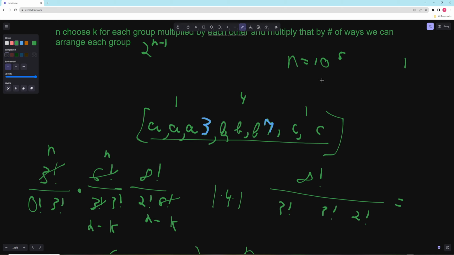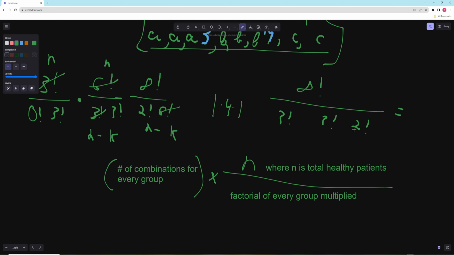So the number of healthy patients is going to be basically 10 to the 5th. And we can't do 10 to the 5th factorial, right? That's way too big. So we need to figure out how, for factorials, to keep the number small enough to where we can actually compute a factorial.